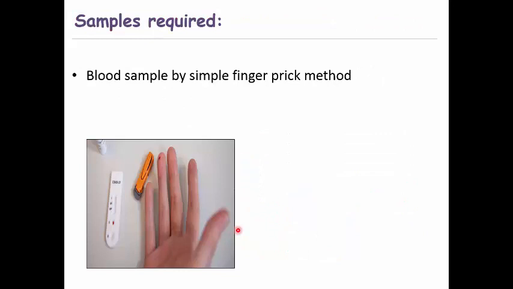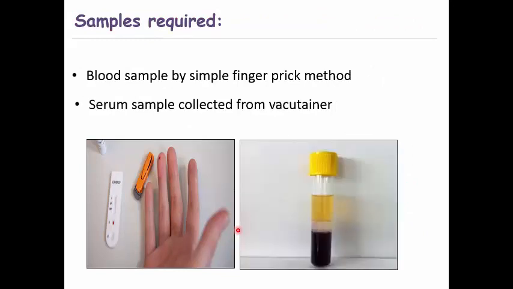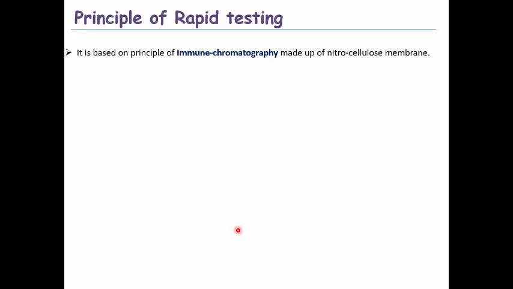so the sample required is a blood sample which can be taken by the simple finger prick method, or a serum sample which is collected in a vacuum tube. The principle of this rapid testing is based on immunochromatography. Whenever we hear the word immuno, that means antigen antibody reaction.